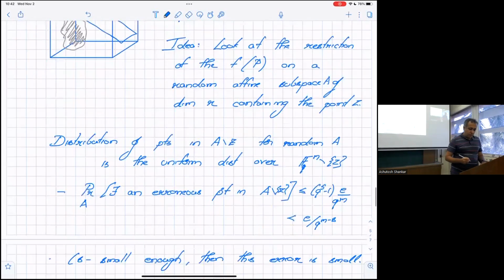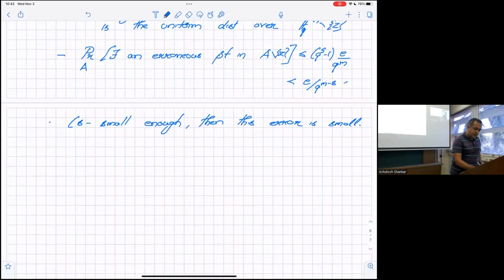Why is it small? We'll come to that later. Therefore, this quantity is less than 1/3, so if you pick an affine subspace, 2/3 of the time you're going to get it correct. You just do it several times over and apply a Chernoff bound.